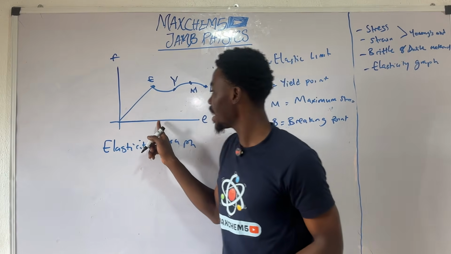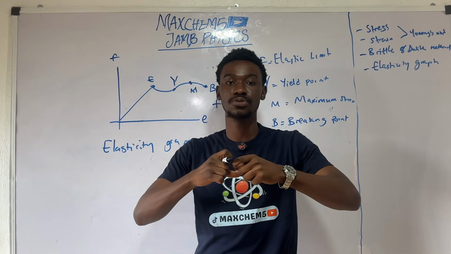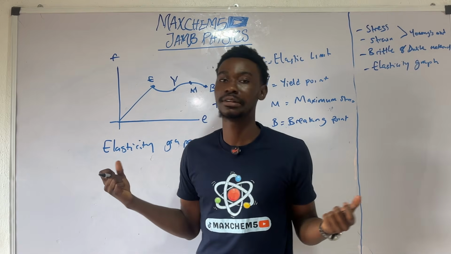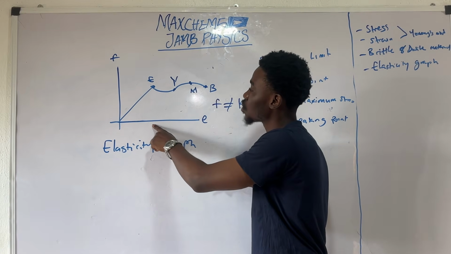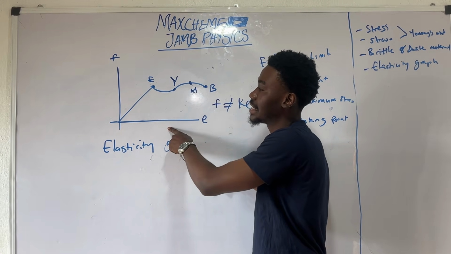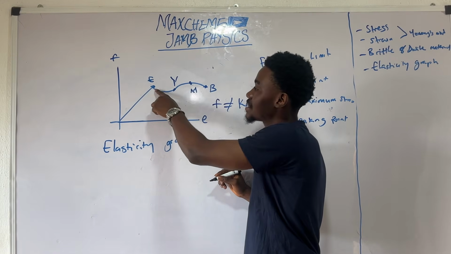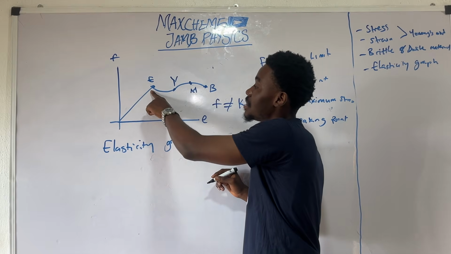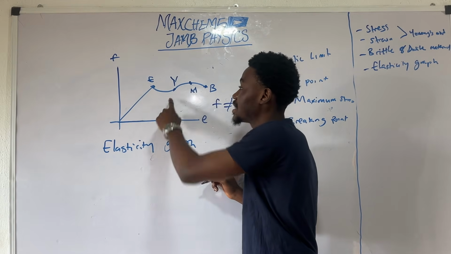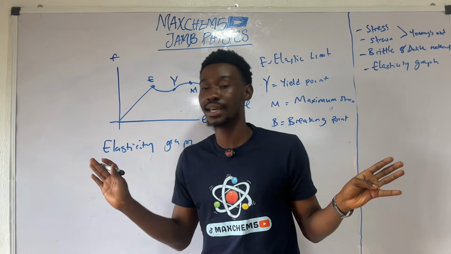If you keep applying the force to the material, the line is no longer linear. You can see it's now a curve, because it does not obey Hooke's law anymore.